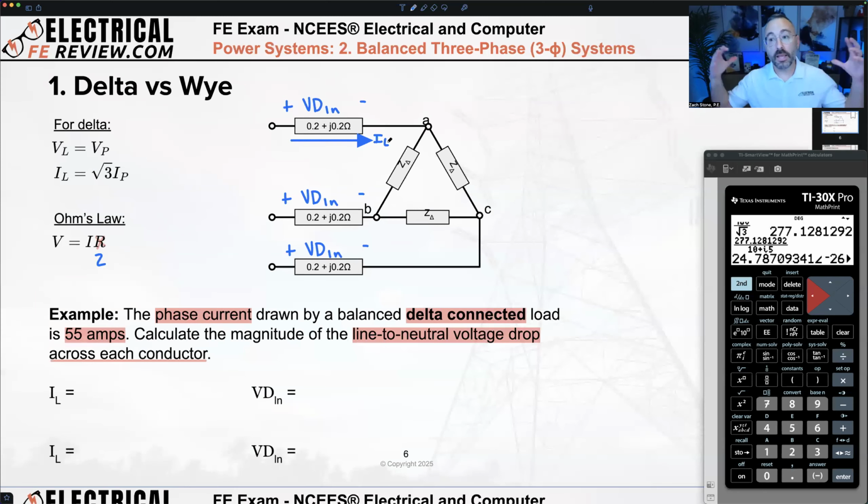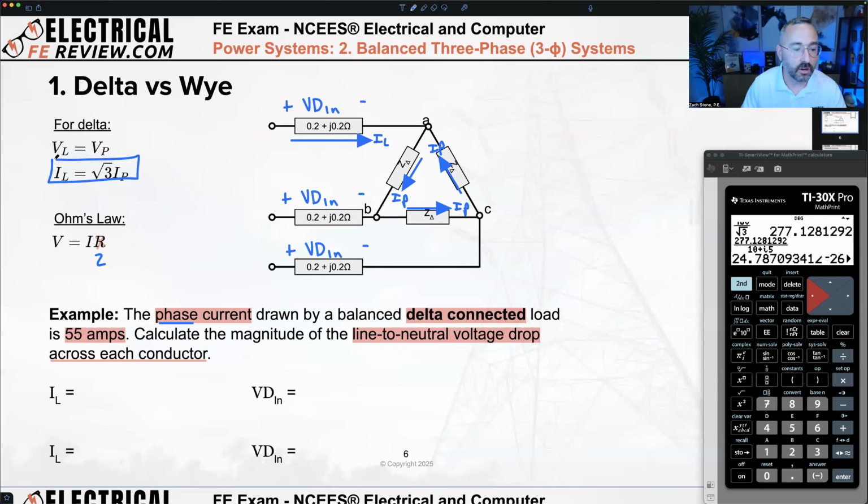Then I can use Ohm's law for the line to neutral voltage drop. How do I calculate the line current of a delta connection? Well, I know the phase current inside the delta is 55 amps, right? Here's the phase current from A to B, phase current from B to C, and phase current from C to A. How do I convert the delta phase current to line current? I multiply the phase current by the square root of 3. 55 amps is our phase current multiplied by the square root of 3 gives us our line current.